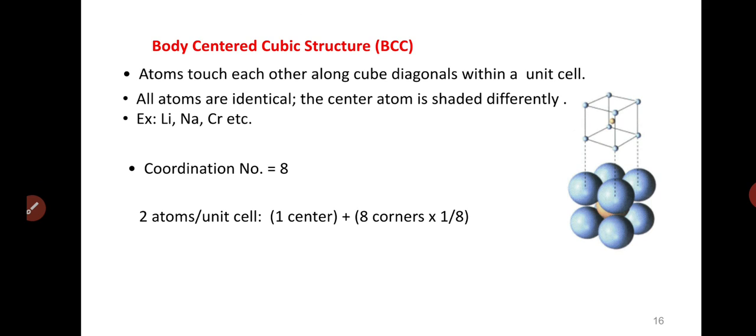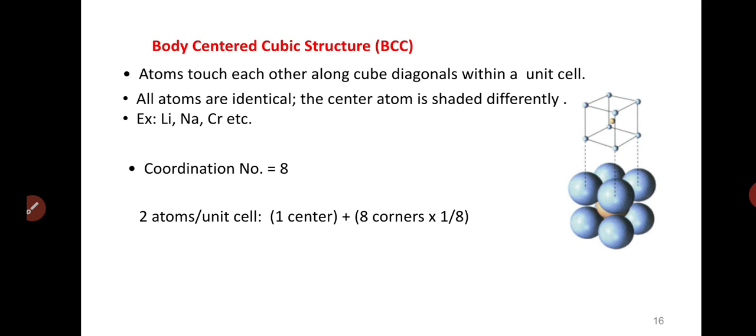So how many atoms are in the unit cell? As in simple cubic, we found that only due to 8 atoms at the corner of the cube, there will be only a single atom in the cube in the simple cubic structure.